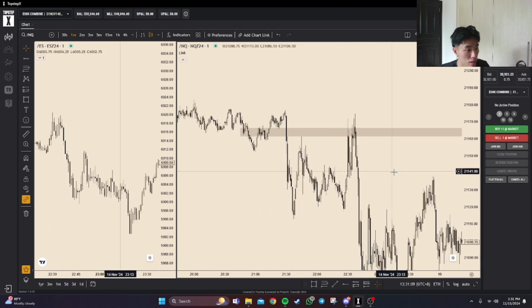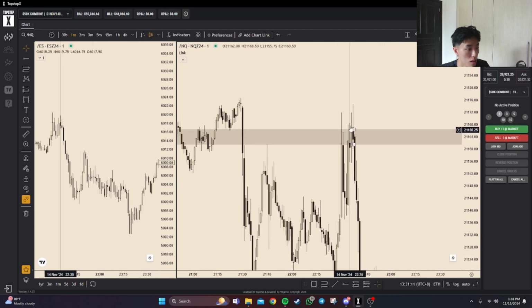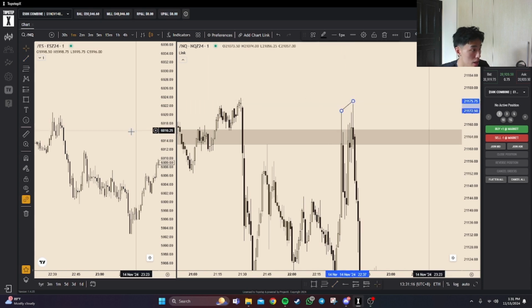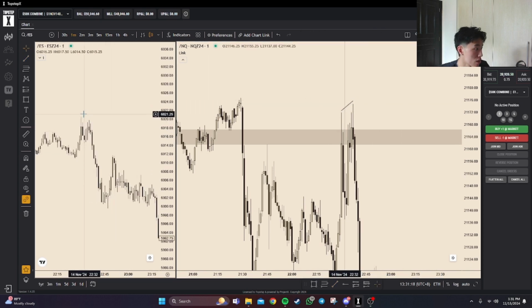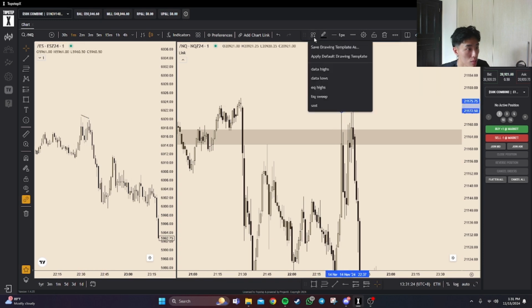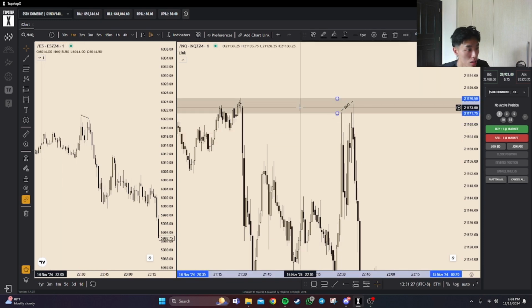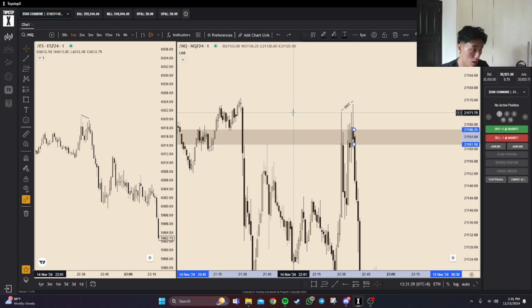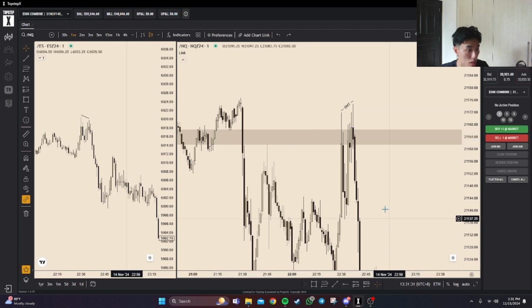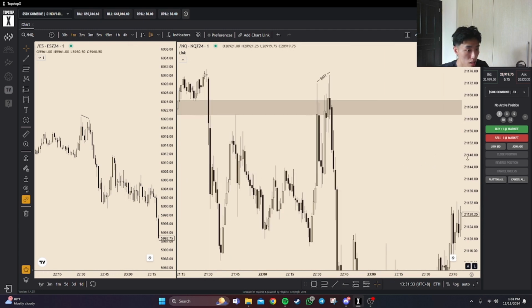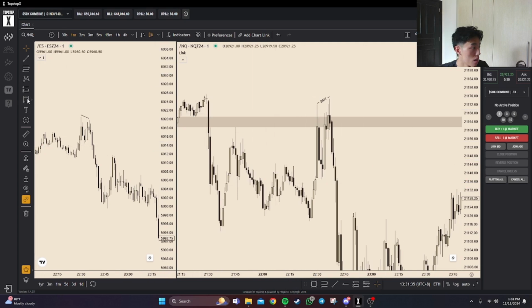And once we reacted off that, it also showed me that there was an SMT with ES. If you look on the left, this is the ES chart, and this is the SMT. Exactly this time you can see my markers. So we have an SMT here. And we also had a FVG, a bullish FVG that formed here on the 1 minute.